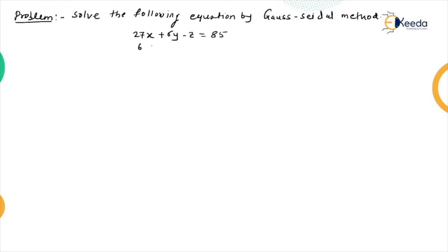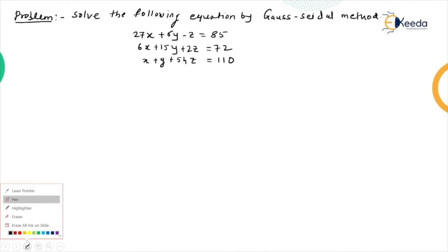The next one is 6x plus 15y plus 2z equals 72. The next one is x plus y plus 54z equals 110. We have these three linear equations and we have to solve them by using the Gauss Seidel method. So let's start the solution.